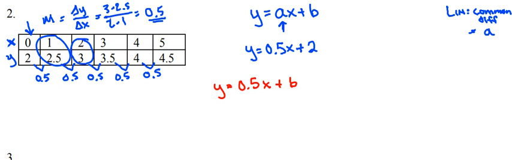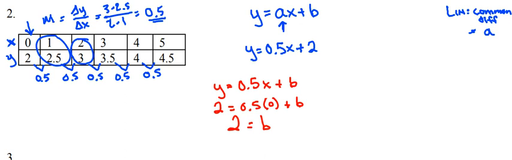Every single one of these xy pairs, I should be able to plug into the equation and it should be true. So if I plug in a 2 for y and a 0 for x, the value of b has to make this thing be true. Well, what's 0 times 0.5? 0. So on the right side is only b, and on the left is 2. So I know that the y-intercept is 2, and that happens to also be the constant term.